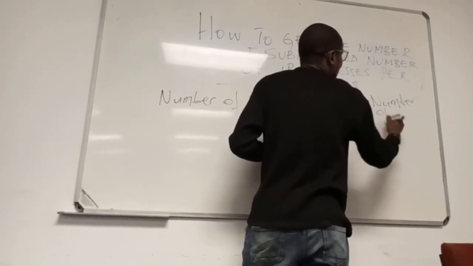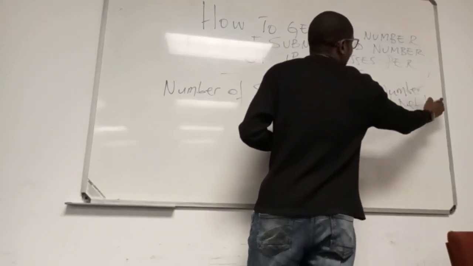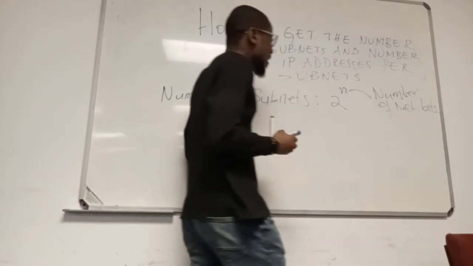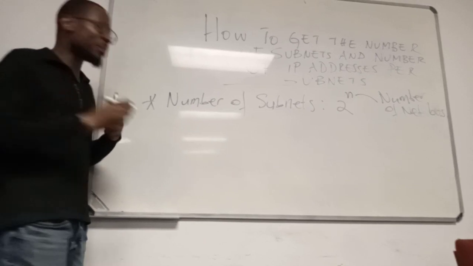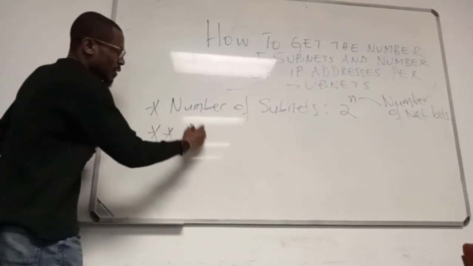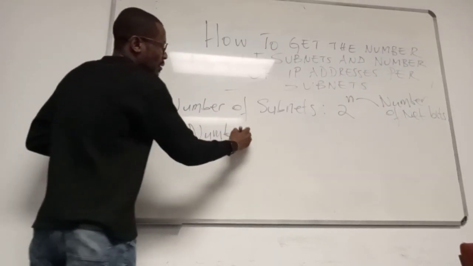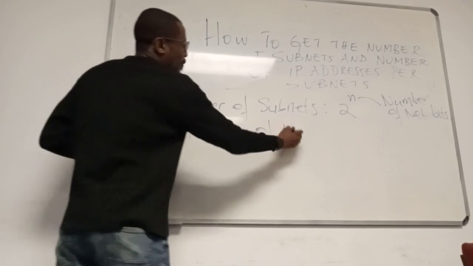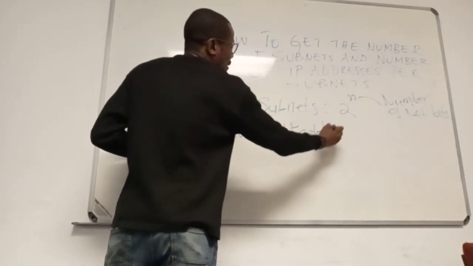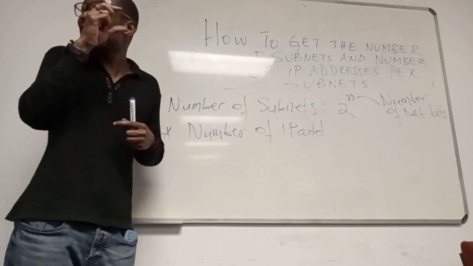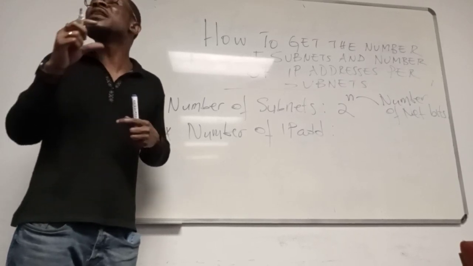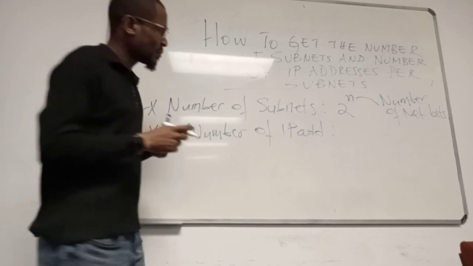Number of network bits. Right? Now, you also have to mind about the number of IP addresses per subnet. For every subnet, how many IPs are available? Right?